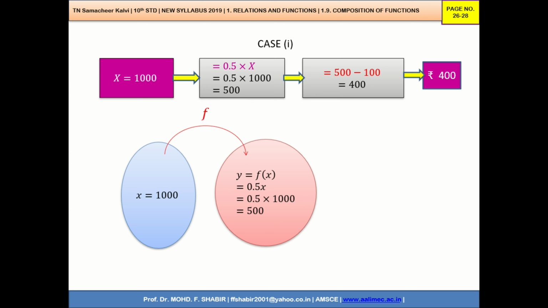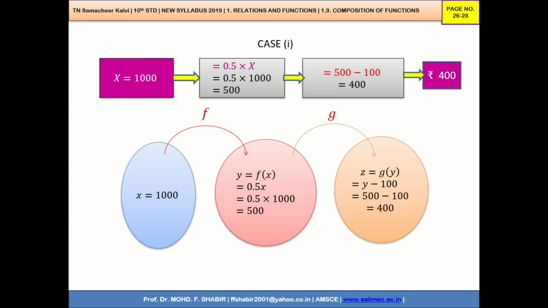Again, 500 rupees is the input for coupon number 2. So after using coupon 2, the output is 400. Therefore, for input 500, the output is 400. Again, for any input, if there is an output, there is a function between two sets. Therefore, we have a function between y and z. This function is called g.